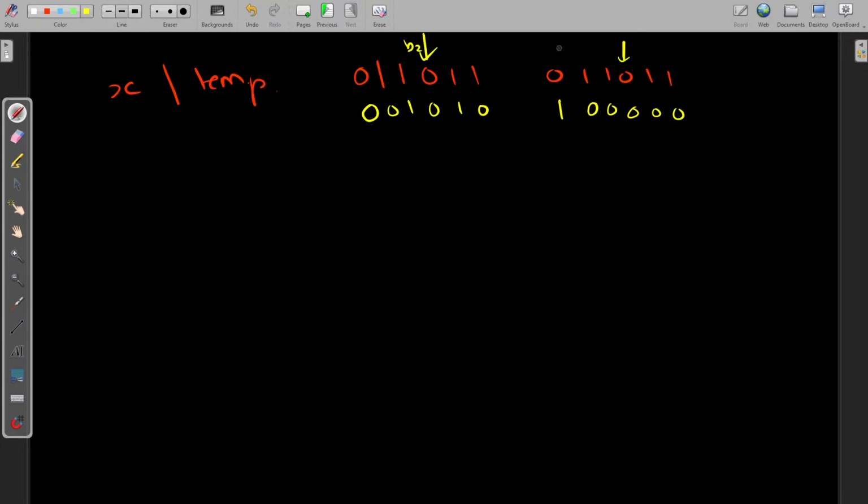This is B2, right? So if I'm on B2 position, this is my X and this is my temp.